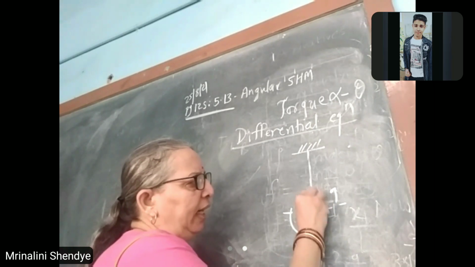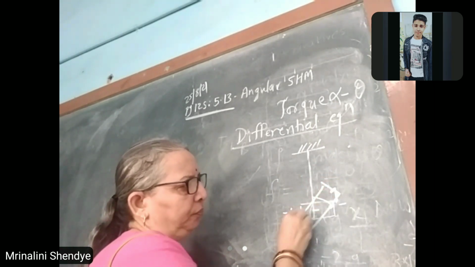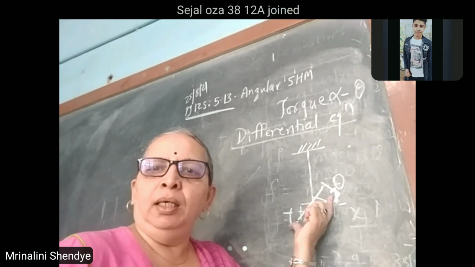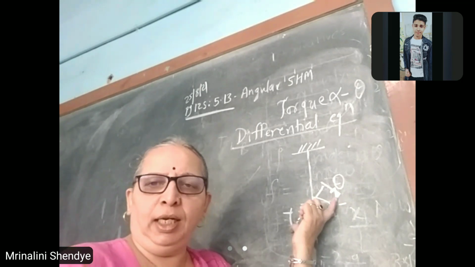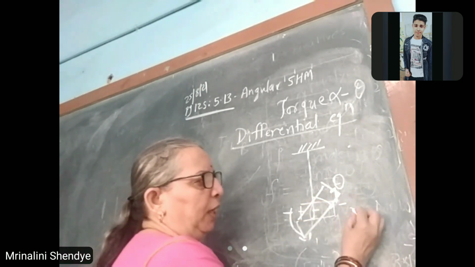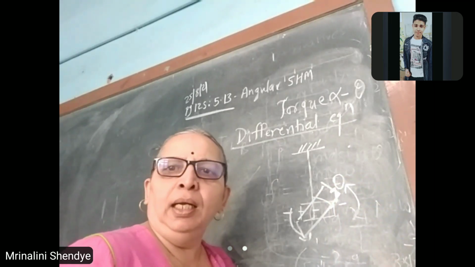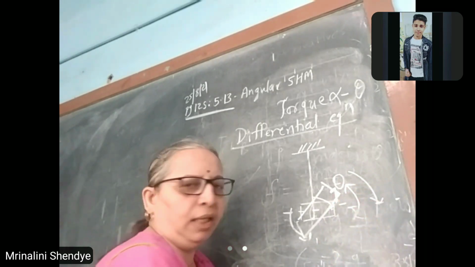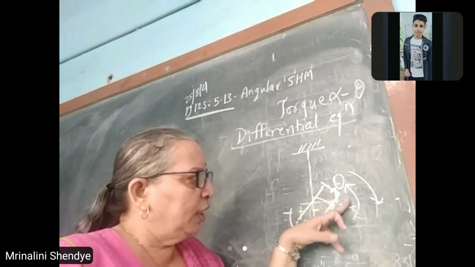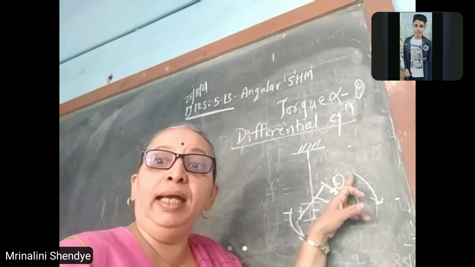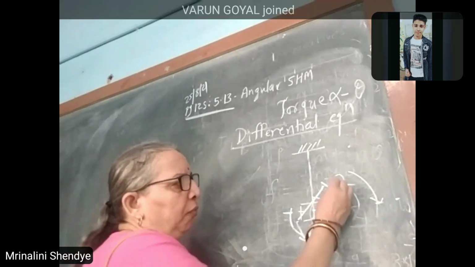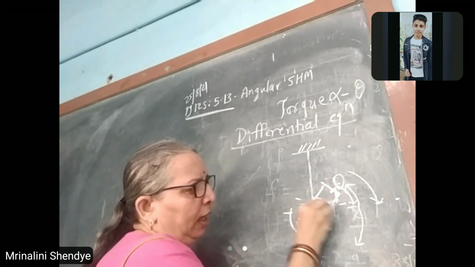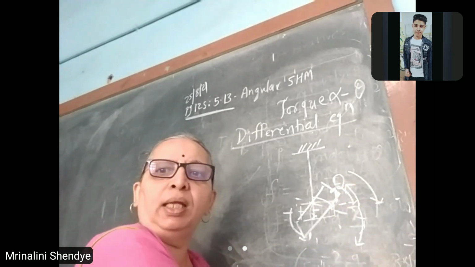You displace it through a certain angle theta. Don't release it. So this will be its new, displaced position. If the displacement is anti-clockwise, the restoring torque produced will be towards the equilibrium position, that is clockwise. So when displacement is anti-clockwise, the torque is clockwise. Similarly, when you release it, it will come to the mean position, cross the mean position and take a new position on the opposite side.